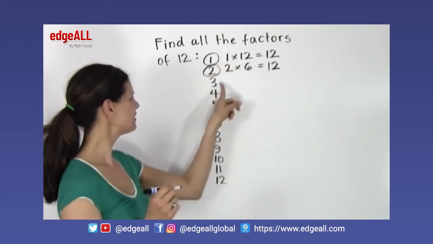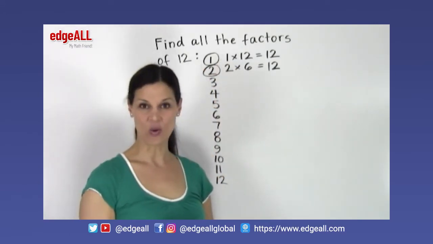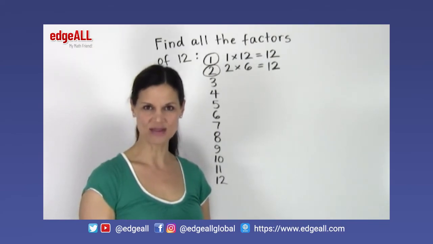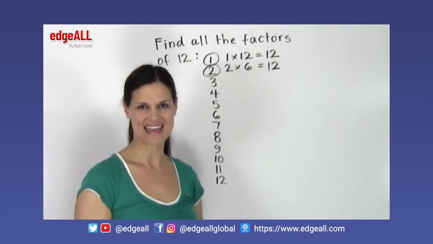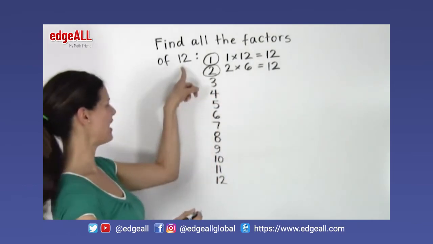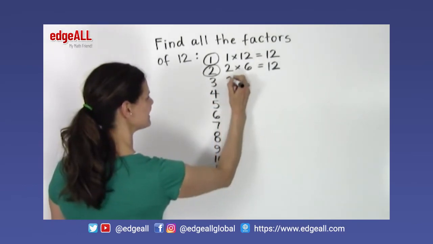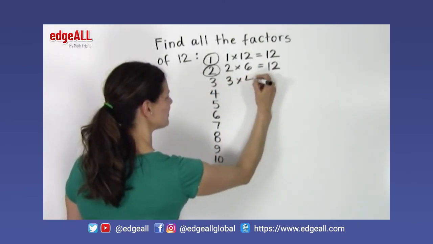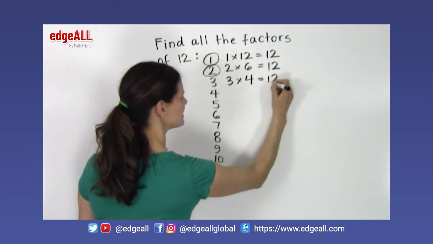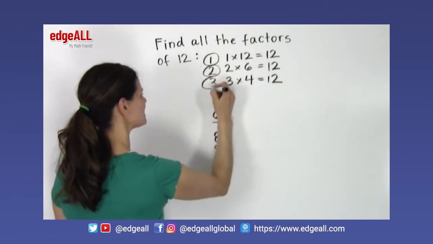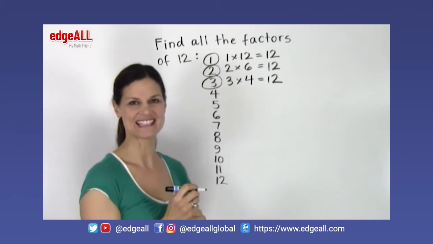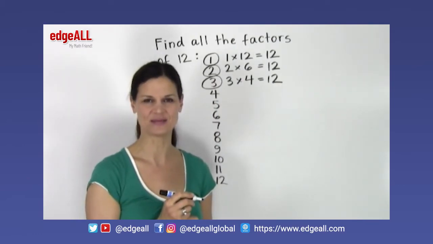What about 3? Is there a whole number that I can multiply 3 by to get the product of 12? Yes, there is. 3 times 4 equals 12. So that tells me that 3 is a factor of 12.